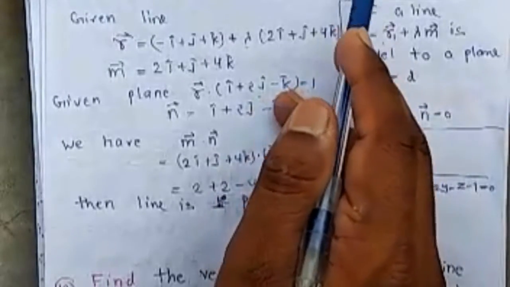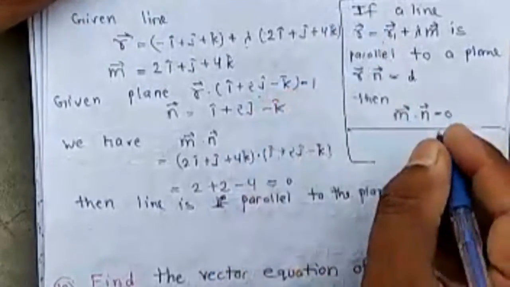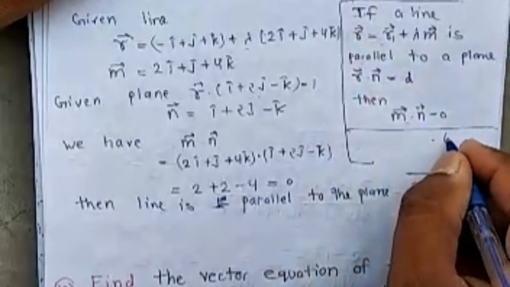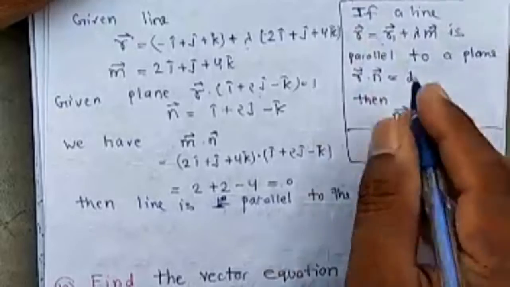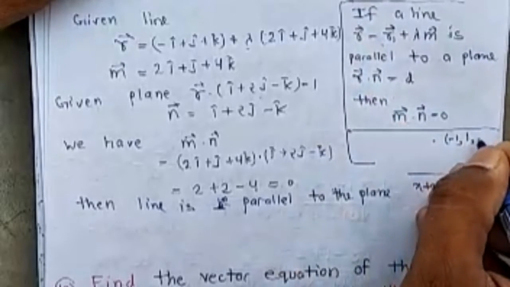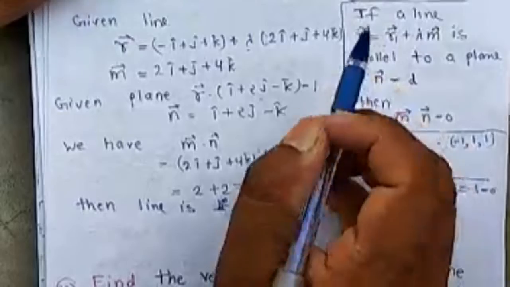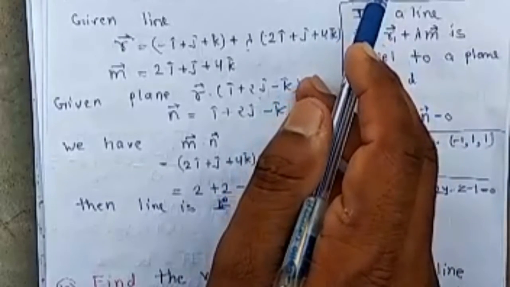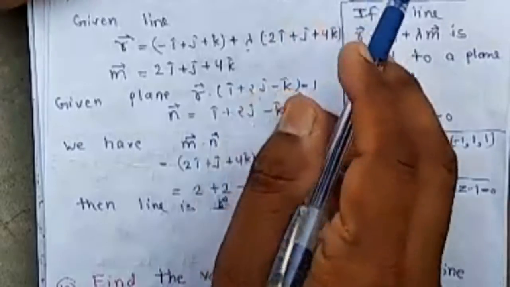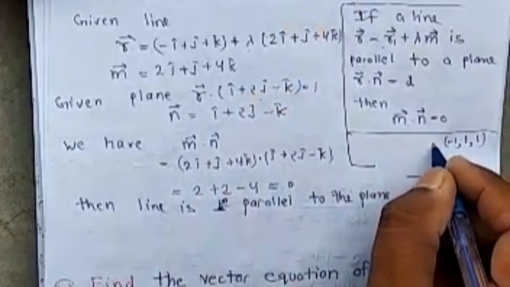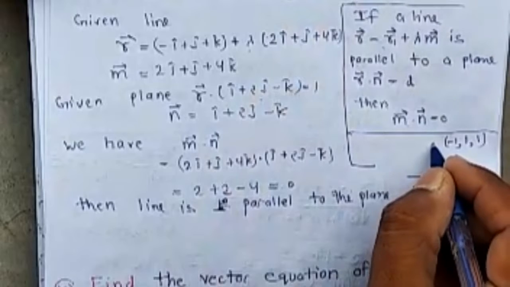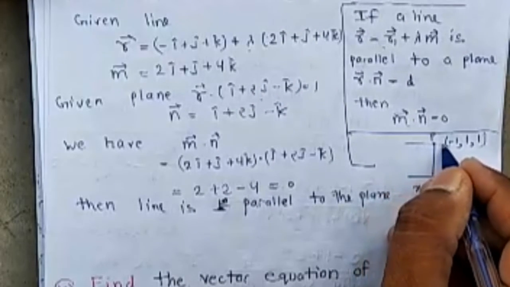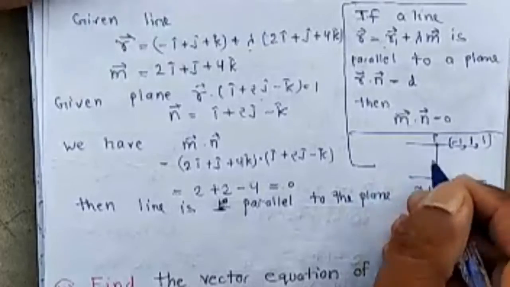Any point lying on the line is (minus 1, 1, 1), because minus i cap plus j cap plus k cap is the position vector of a point which lies on the given line. Then we have to find the distance of this point from the plane.